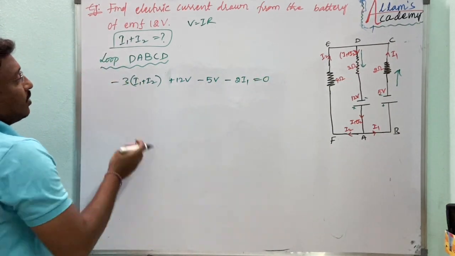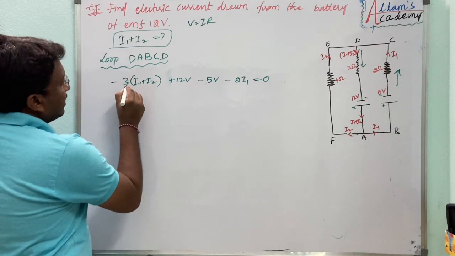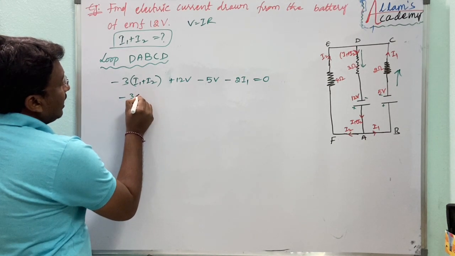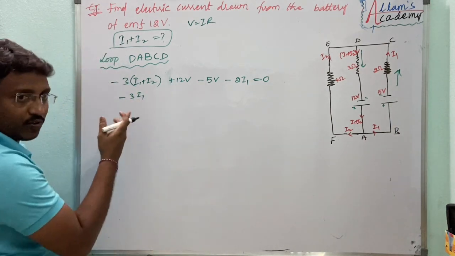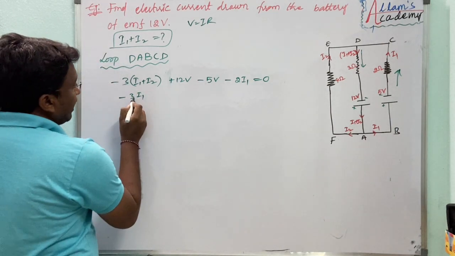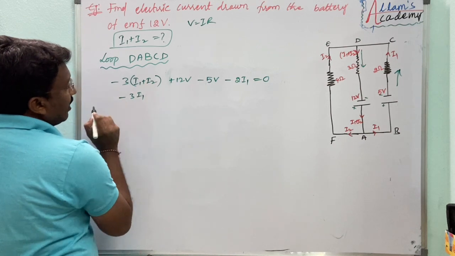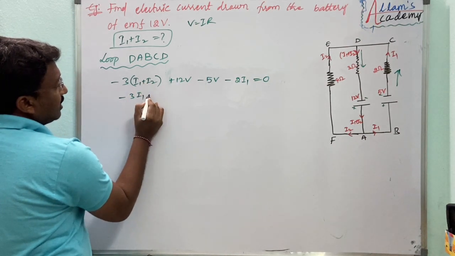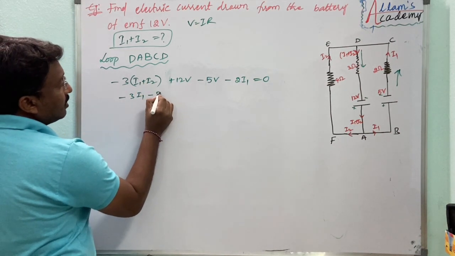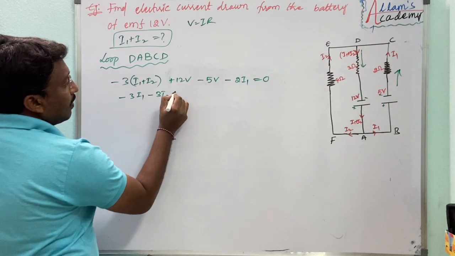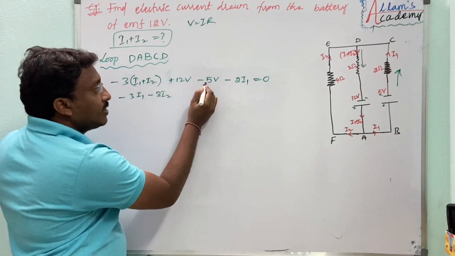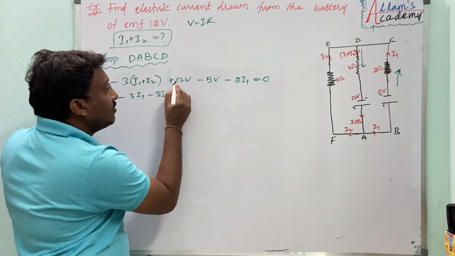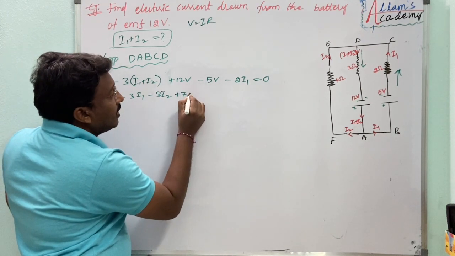The loop law says so. I am going to simplify the equation. Minus 3 I1, minus into plus, minus 3 I2, plus 12 volts minus 5. If you subtract it, we will get plus 7 volts.